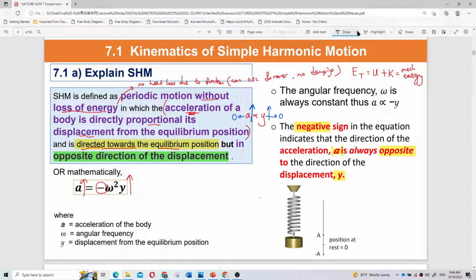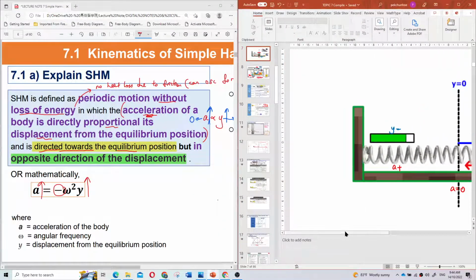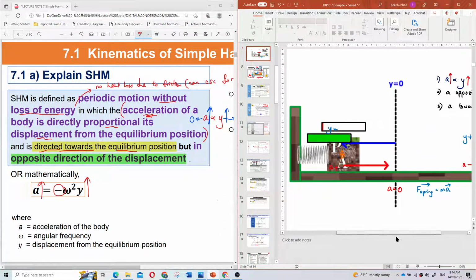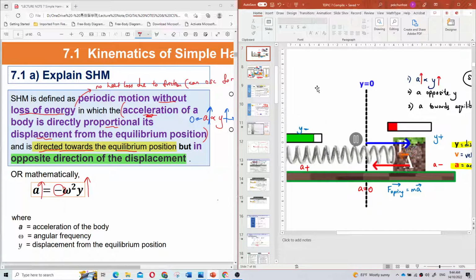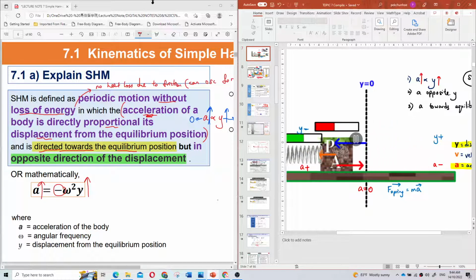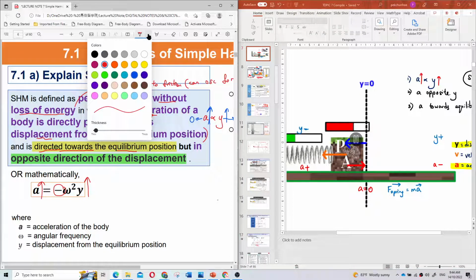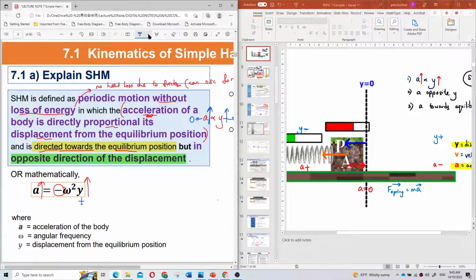Just like the animation just now, when displacement is positive, acceleration is negative, correct or not? If I put displacement positive, positive multiplied by negative, you get acceleration negative, correct or not?